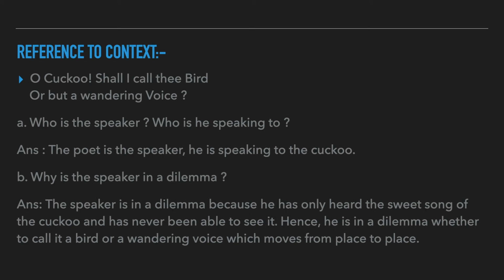The speaker is in a dilemma because he cannot actually see the bird singing. He cannot locate where the cuckoo is perching, on which branch of the tree it is sitting and from where it is singing. So the cuckoo appears like a voice only, which is wandering from one place to another, spread all over the hillside.